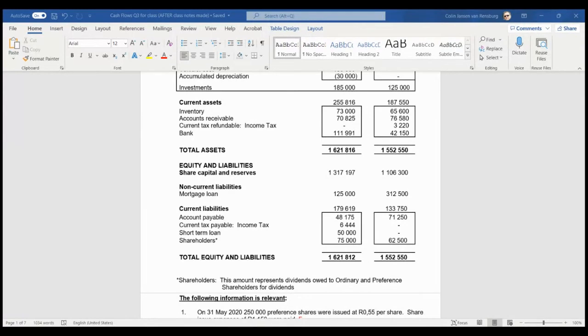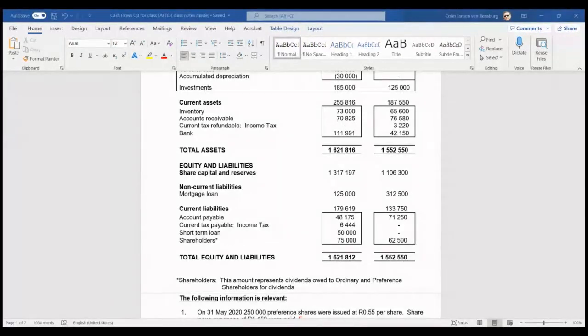And then we've got shareholders. We owe obviously money to our shareholders. There's a little note at the bottom there with the asterisk where it says this relates to ordinary and preference dividends that we still owe to our ordinary and preference shareholders. What kind of activity would that represent? This is a tricky one because that relates to the cash flow that we call dividends paid, right?